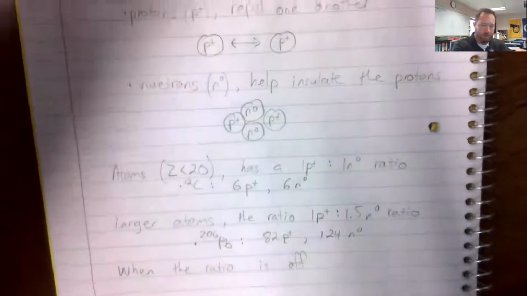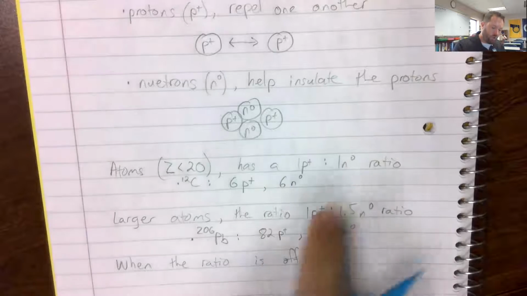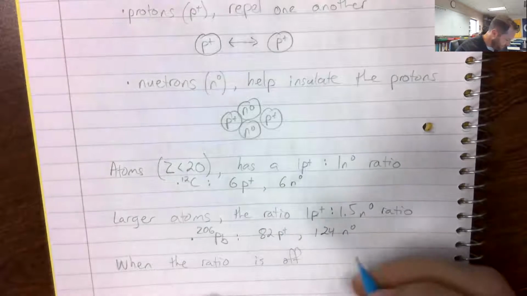What this whole chapter is about is when that ratio is off, when it's not 1 to 1 or 1 to 1.5.